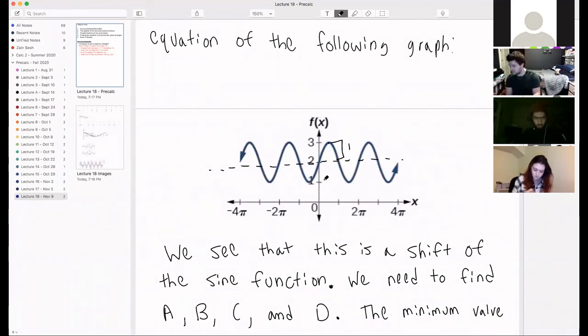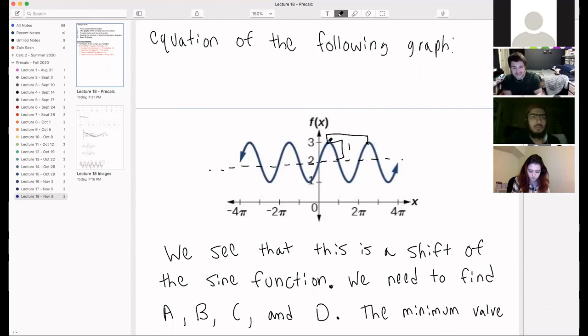That's what the period is. How many units does it take for this graph to complete one cycle? One quick way is to measure the distance between 2 maximum points. So what's the distance from this maximum point to this maximum point?